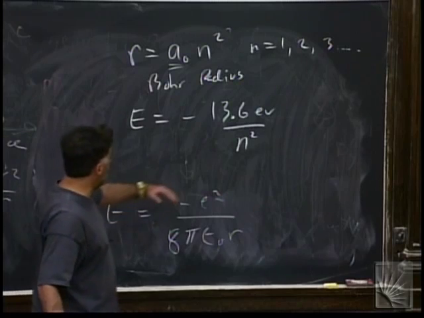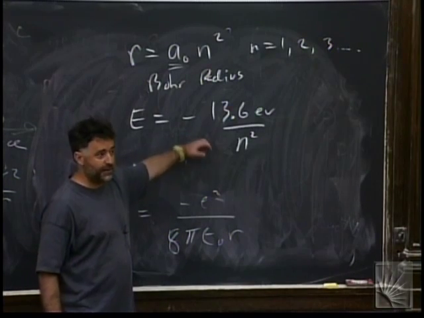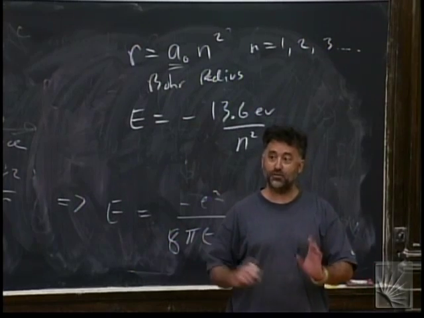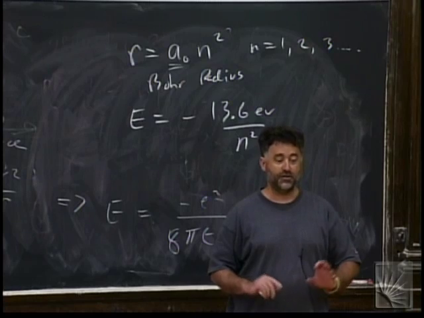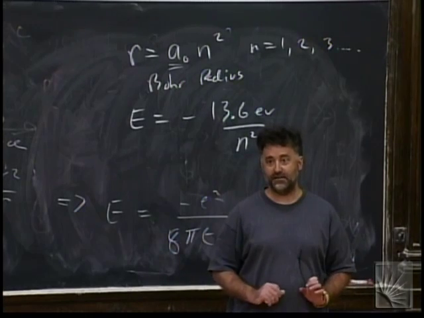And this turns out to be pretty much right. I can't explain why it's right. There's probably an explanation somewhere of why it actually works. There's no reason why it should work because the model's basically wrong, but it does give the right answer.